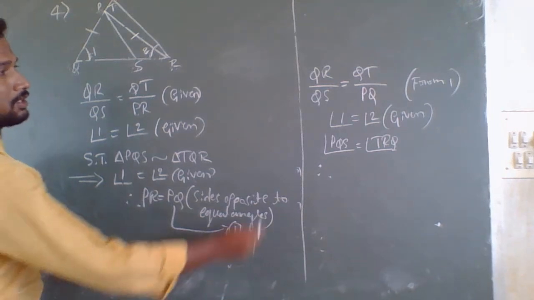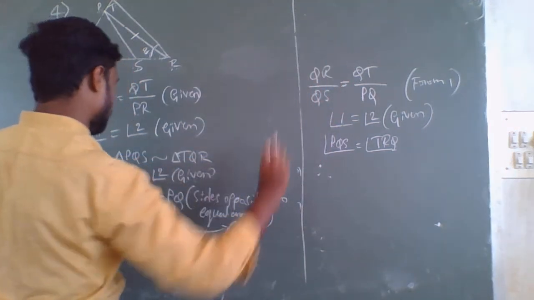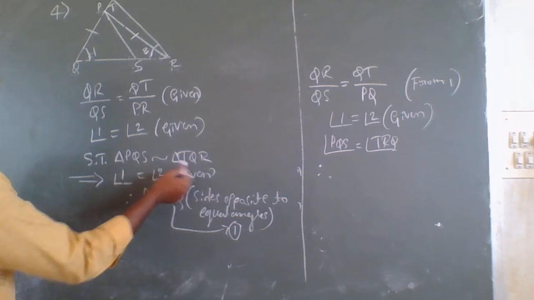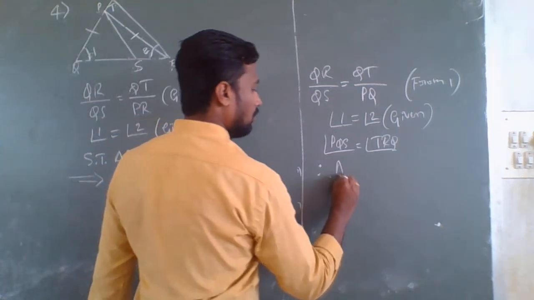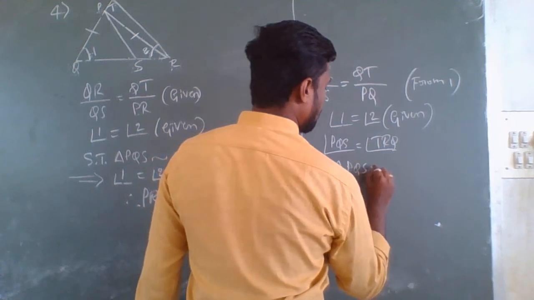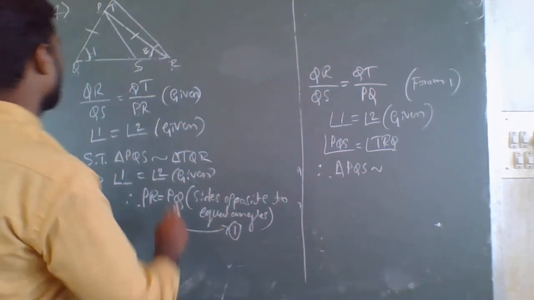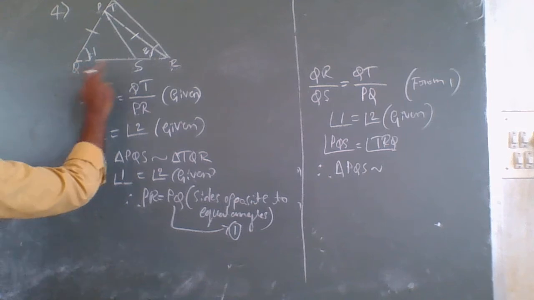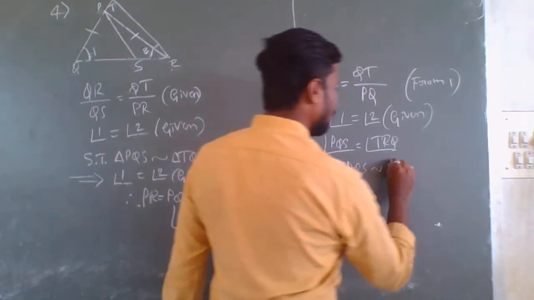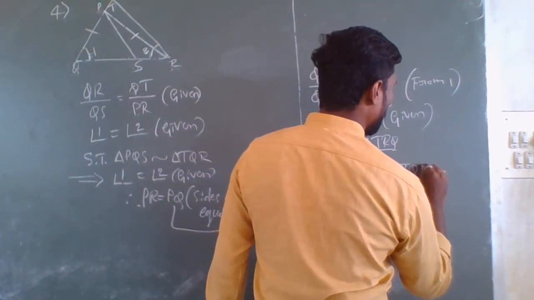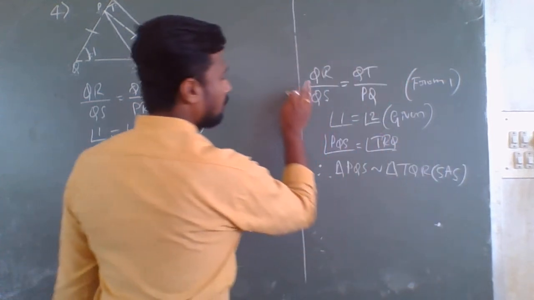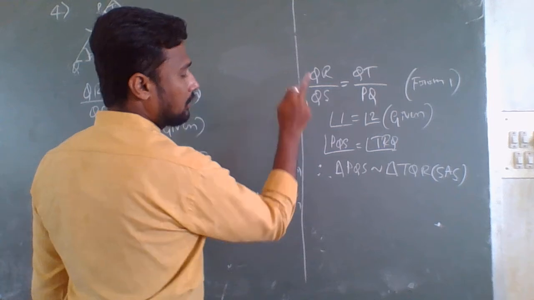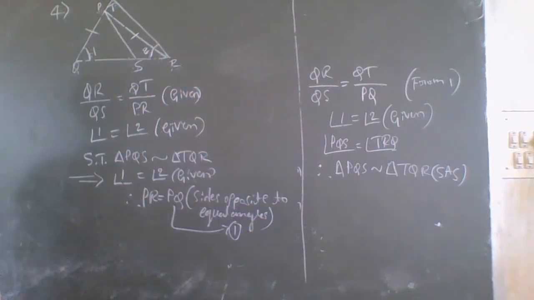Therefore, by side angle side, we can write that triangle PQS is similar to triangle TQR. By SAS, these two triangles are similar.